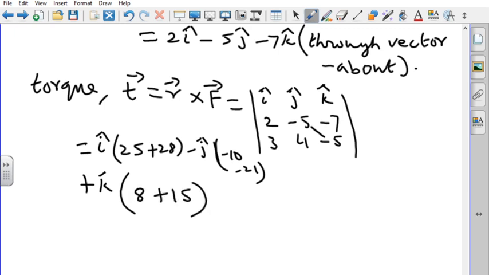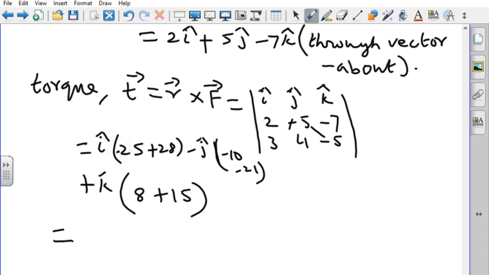So it is equal to 28 plus 25... Okay, here it is plus, so we have 25 plus 28.